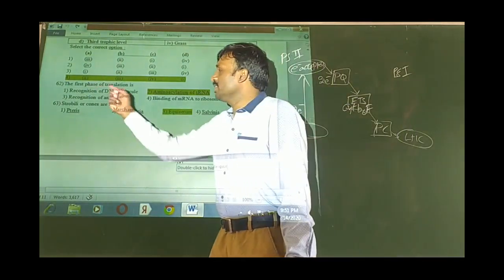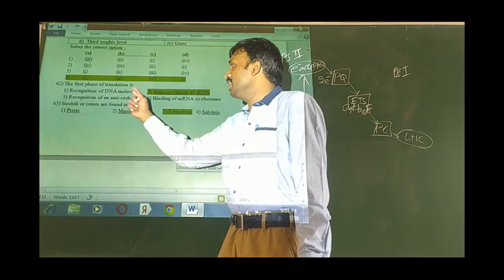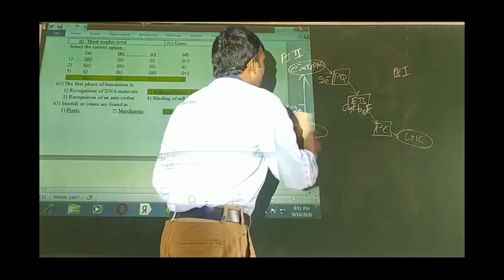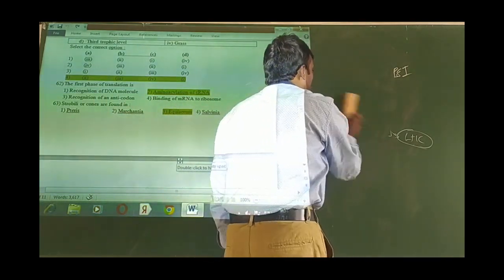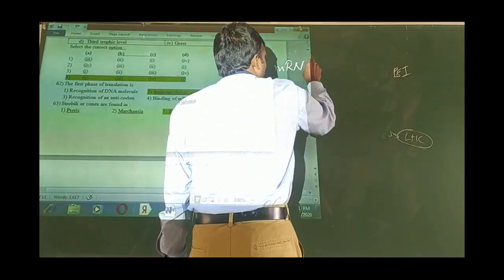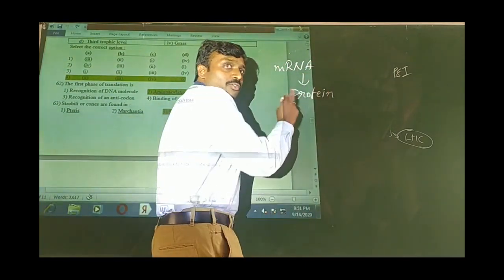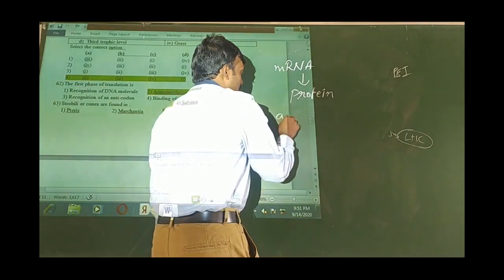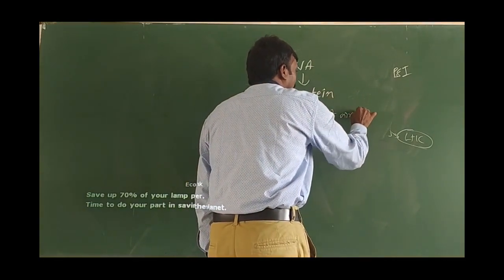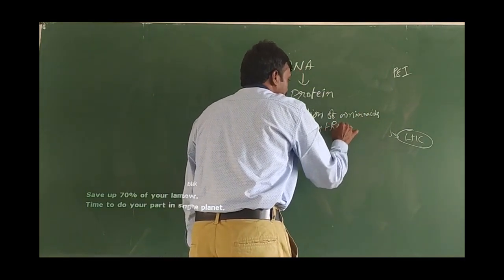The 62nd question: the first phase of translation is a very important question. The first phase of translation is amino acylation of tRNA. So what happens here? Translation is a process where mRNA is used to synthesize a polypeptide, that is protein. For this process, the first step is activation of amino acids by tRNA.